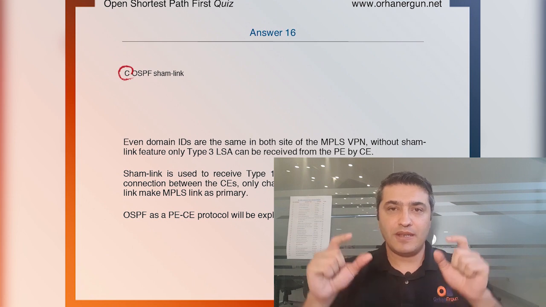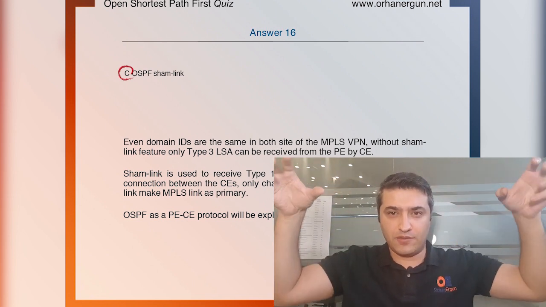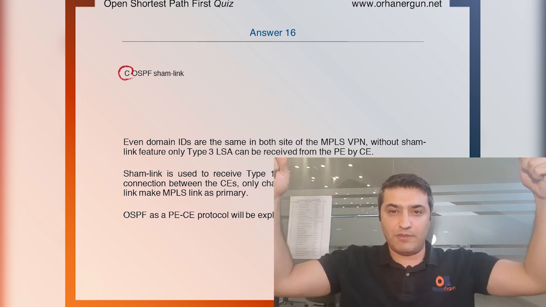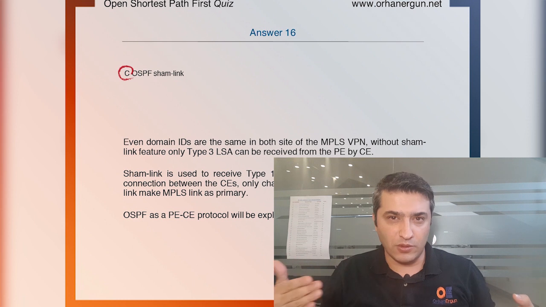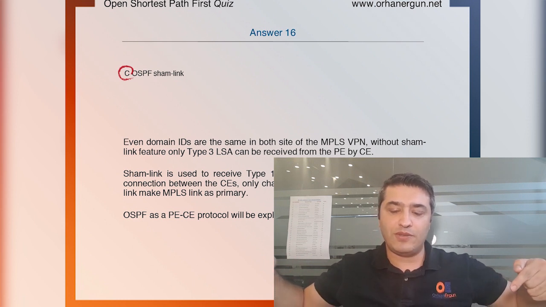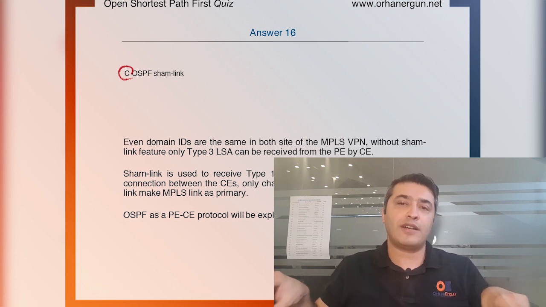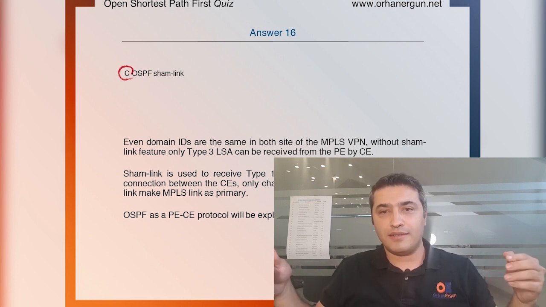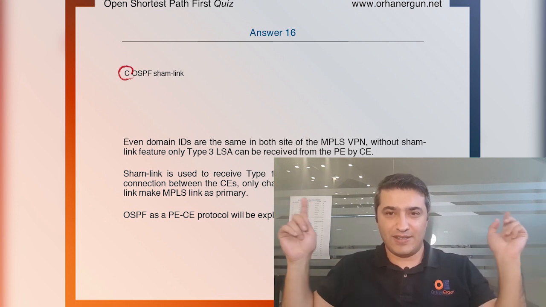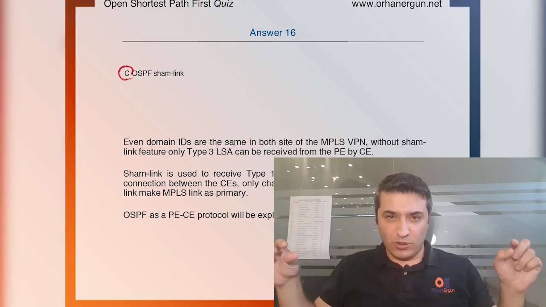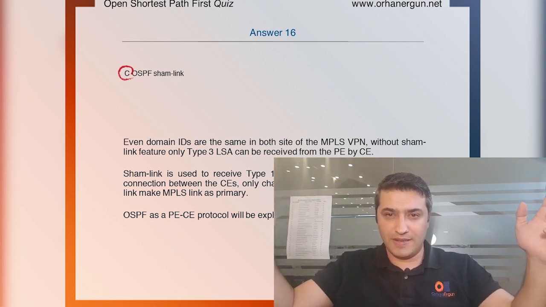So when we have MPLS VPN, let's say the customer side, two CEs and the MPLS network, CEs are connected to MPLS VPN, but you connected a backdoor link, we call it, okay, a backdoor link between the CEs, non-MPLS VPN, and you are running OSPF there, and everywhere area 0.